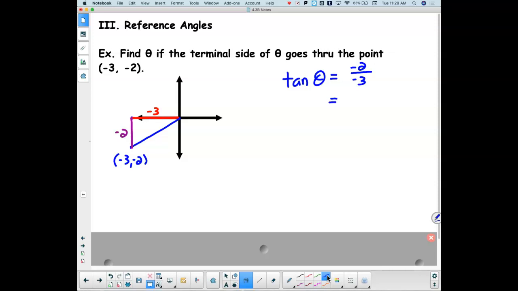Agree that theta is 33.6901 degrees. Yes.